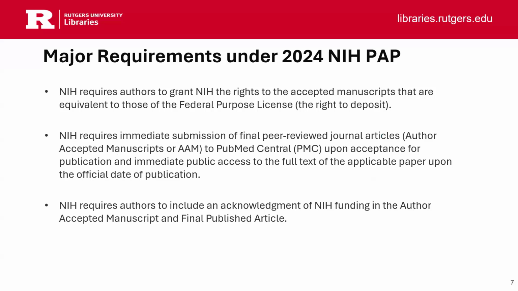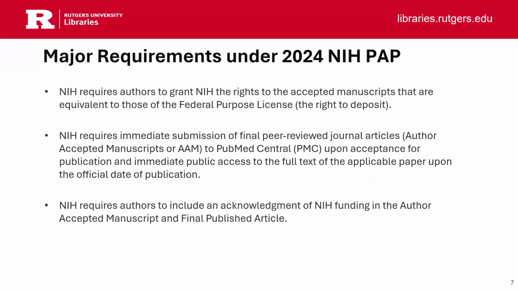So the major requirements under the NIH PAP, here they are. You understand that as an NIH-funded researcher, you're granting NIH rights to the accepted manuscript that are equivalent to those of the federal purpose license.